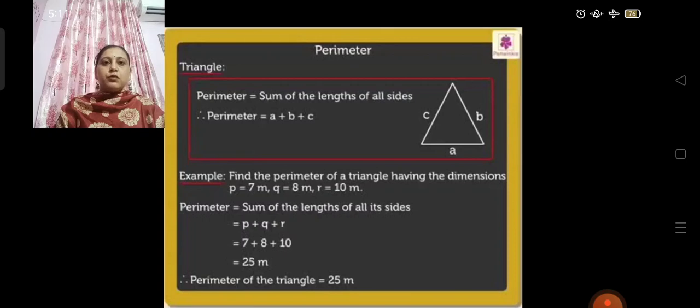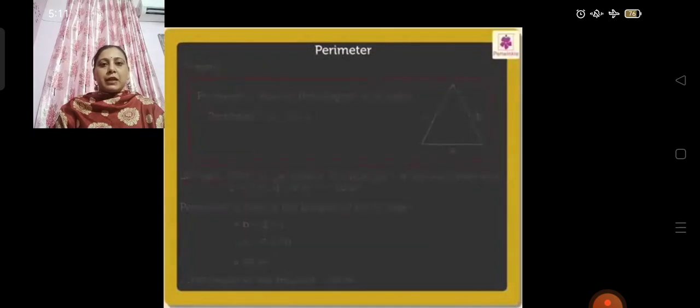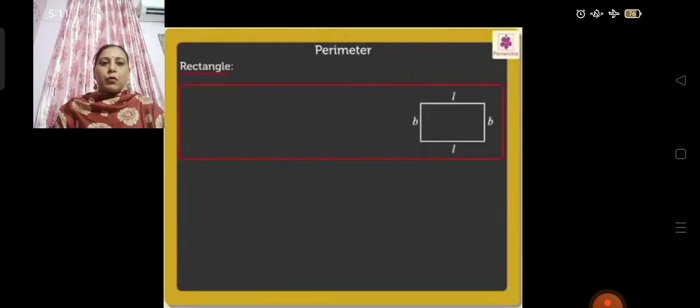Now next move to another figure, that is to find the perimeter of a rectangle. A rectangle is a closed figure bounded by four sides. Two opposite sides are equal. So to find the perimeter of a rectangle, I will write the perimeter as sum of length of all the sides.